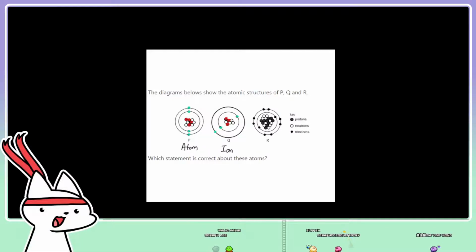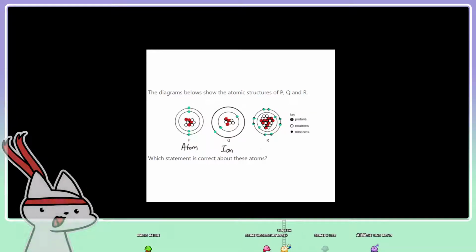Of course, the last one is 1, 2, 3, 4, 5, 6, 7, 8, 9, 10 protons. Then we get 2 in the inner shell, 8 on the outer shell, so that's still 10. So this is sort of a little mini scam. Be careful, yeah, to tell apart the atoms and the ions.